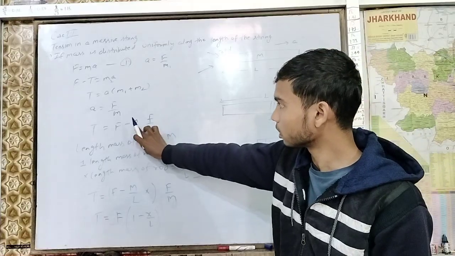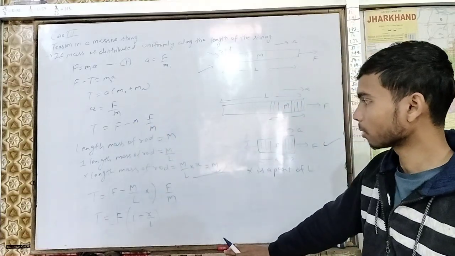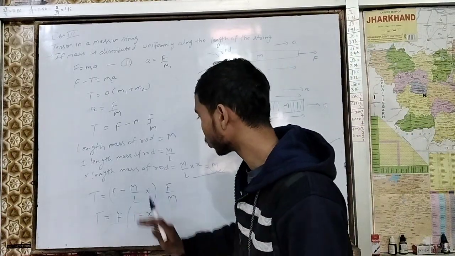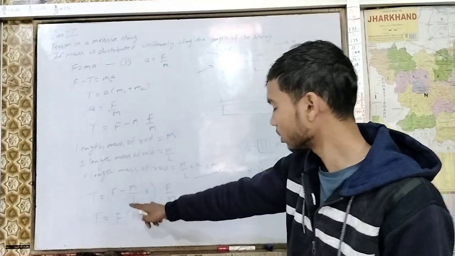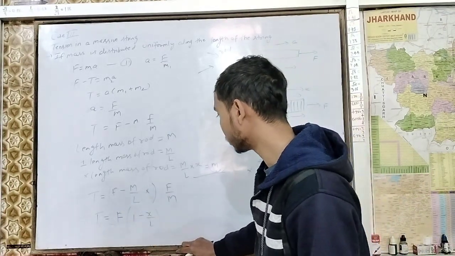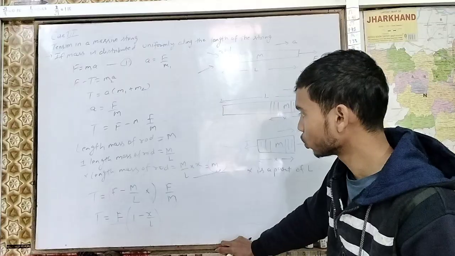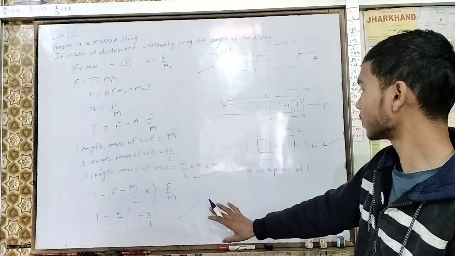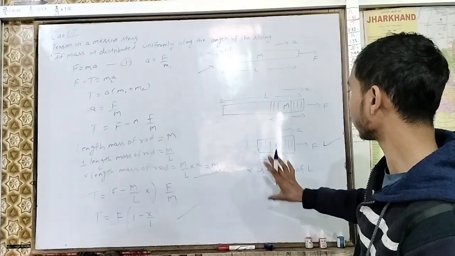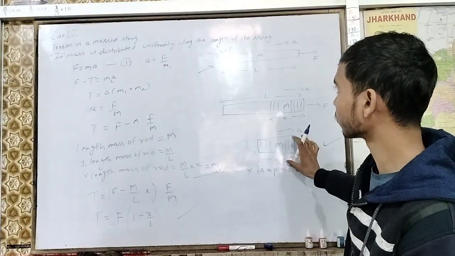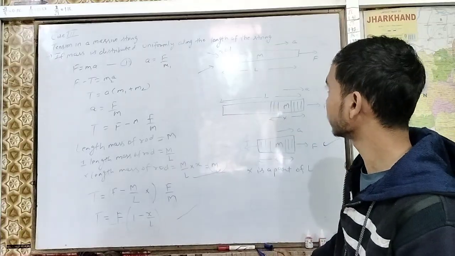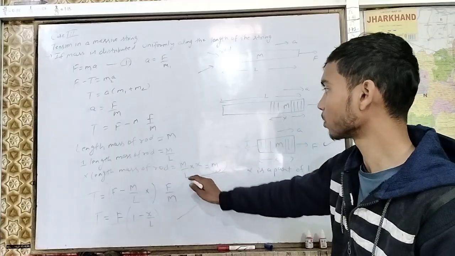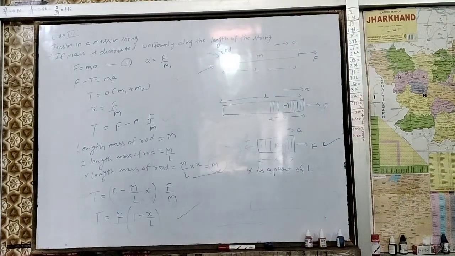Just this value of m became M upon L multiplied by x. Then we saw that F was common, 1 minus, and over here M cancels out, so x upon L. This is our final equation, which was our final equation to calculate the tension force for this part of the rod. To calculate the mass, we have this formula M upon L into x, which is equal to m.